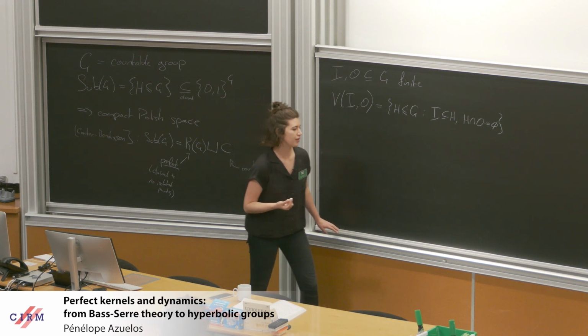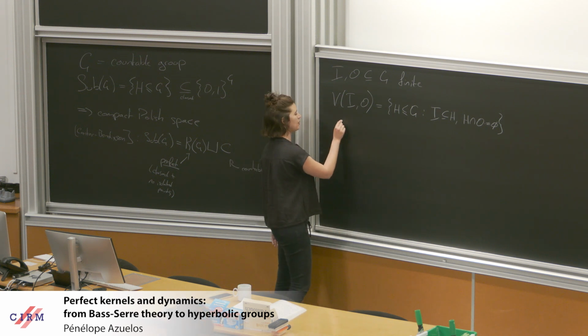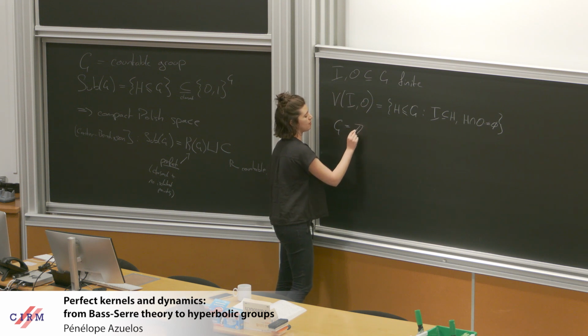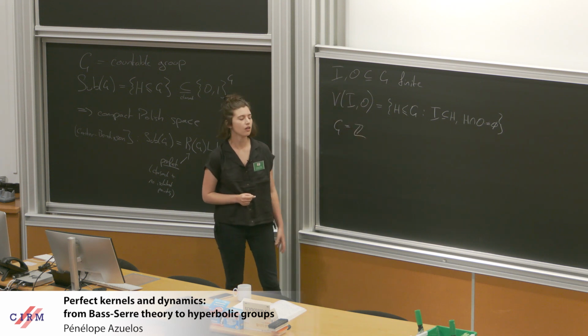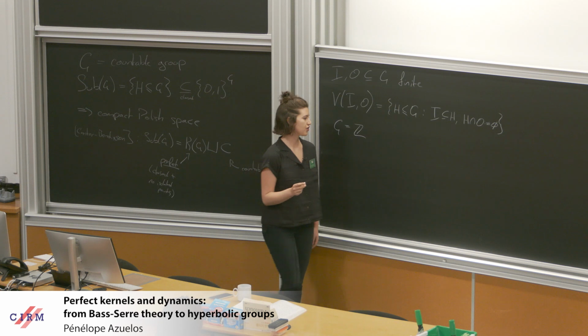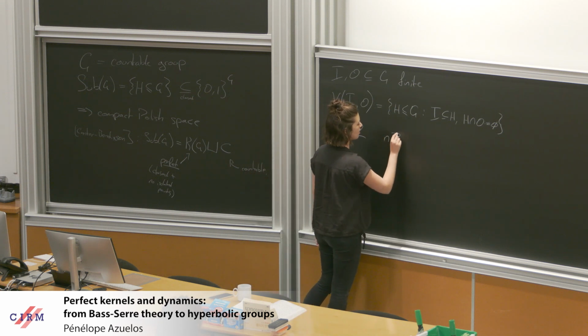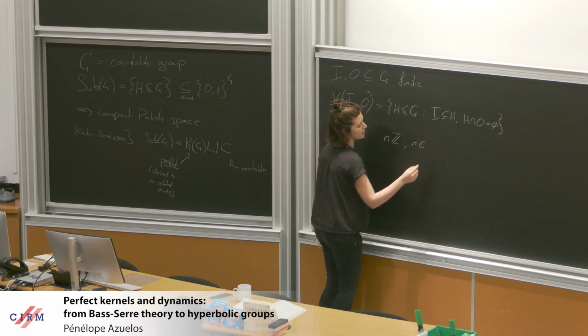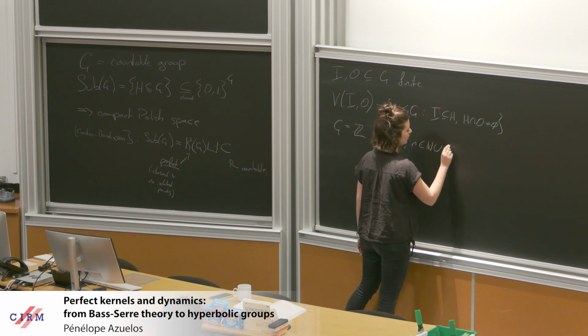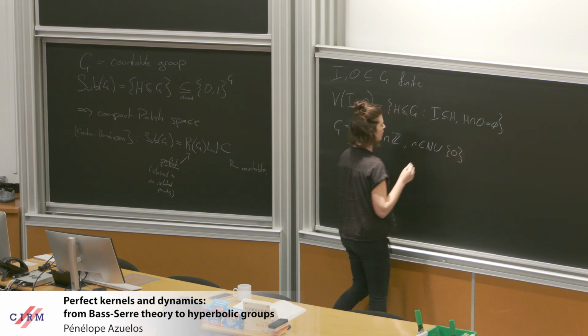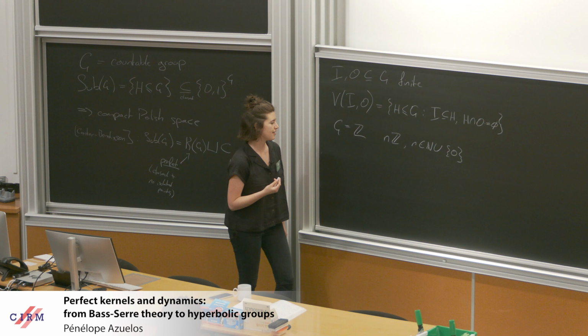So let's start with an easy example. What happens if you take G to be the integers? Well, we know what the subgroups of the integers are. They're all of the form nZ, where n is either a natural number or 0. There are two obvious cases to consider.